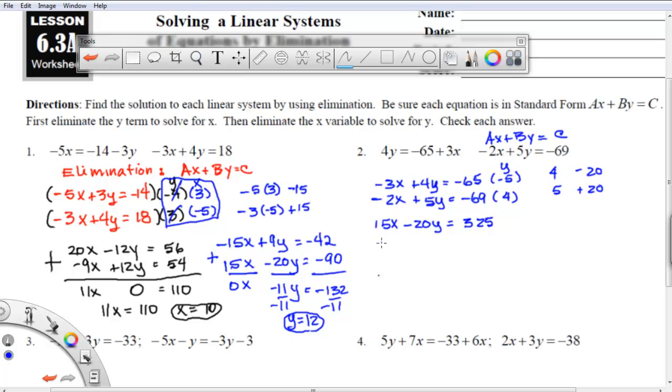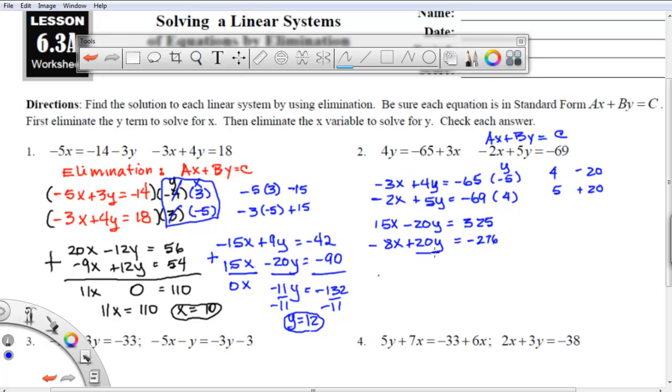Now let's do the same thing to the second one. 4 times a negative 2 is a negative 8x. 4 times 5 is 20y. Now do you see that the y's are going to drop out? And then this one is a negative 69 times 4. That would be a negative 276.